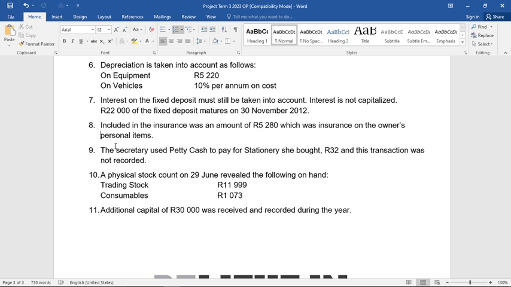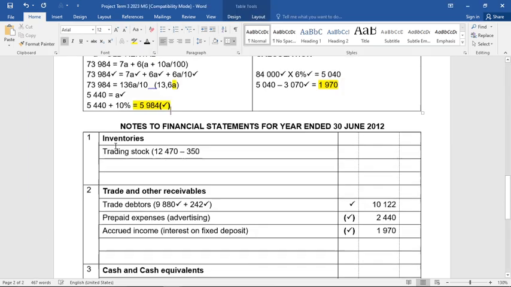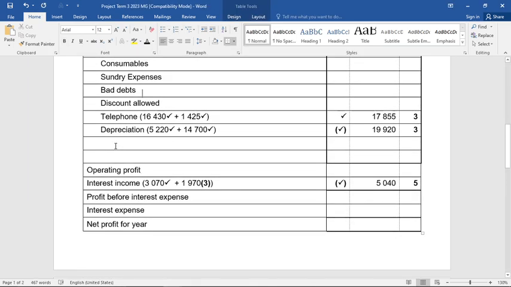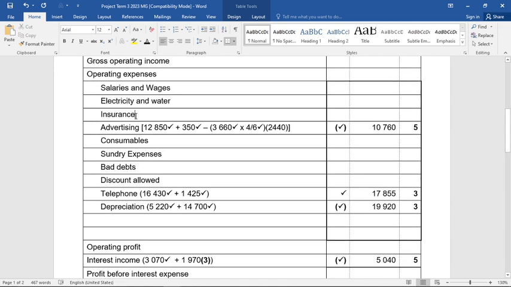So this means drawings is going to be used. It means then that insurance in our list of figures in the income statement needs to get adjusted. We should not be paying for the owner's private insurance. So 53,200, the insurance that was there, minus the 5,280 will leave us with the corrected insurance figure.